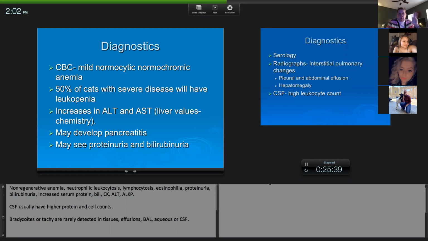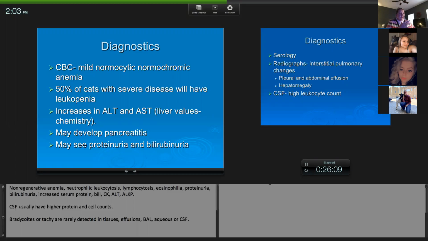So polychromasia is an indicator of different ages of cells, and that tells you it's regenerative. And normocytic means they're all of normal size. Yes, polychromasia is usually a sign of regenerative anemia, and anisocytosis is also a sign of regenerative anemia.